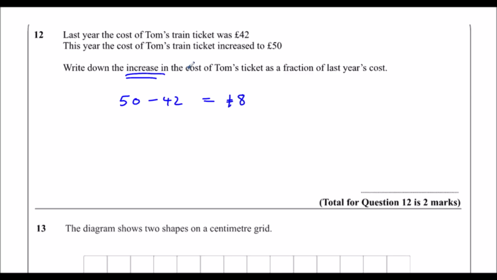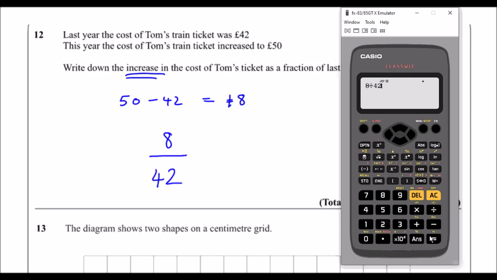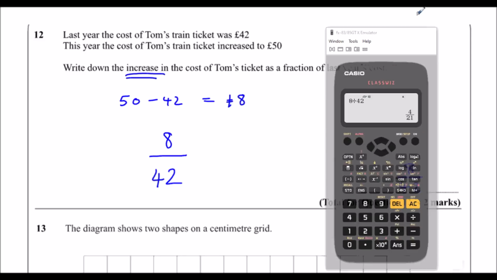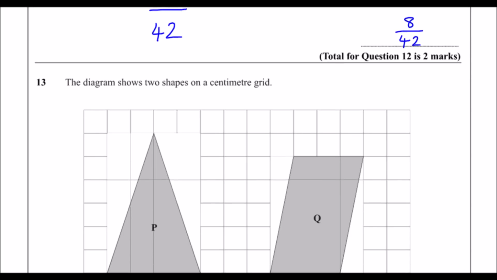So we need to write that as a fraction of last year's cost, which was 42. So 8 over 42. We weren't asked to simplify it, so we can leave it as 8 over 42. If we did simplify it, we'd halve the top and bottom, which would be 4 over 21. Either one would be okay.